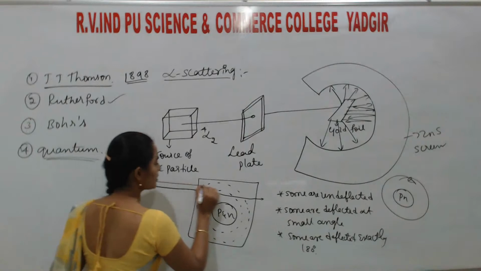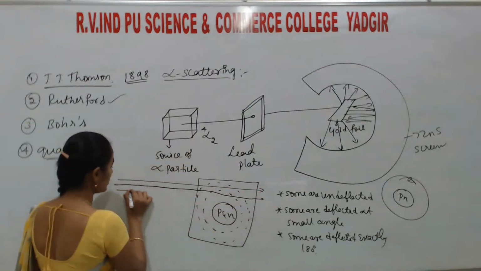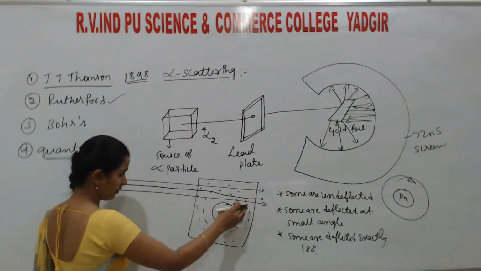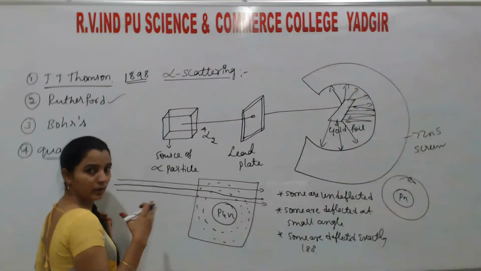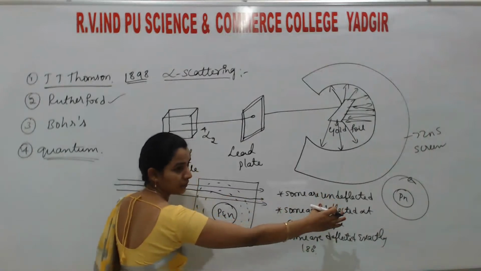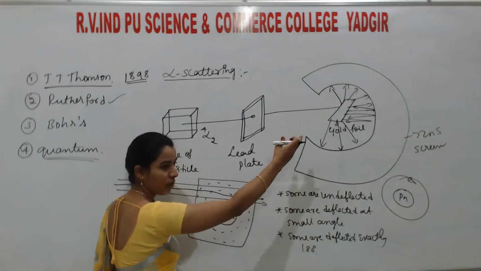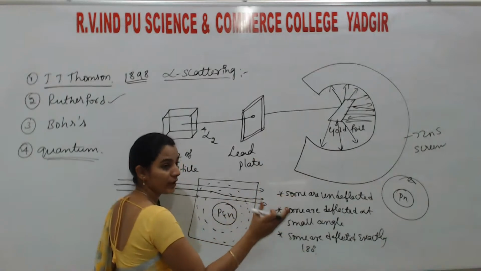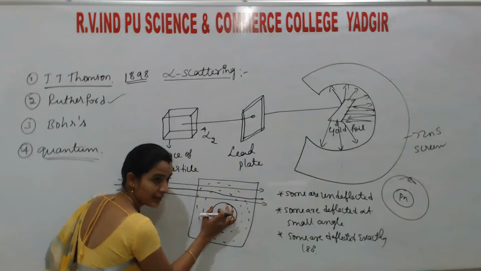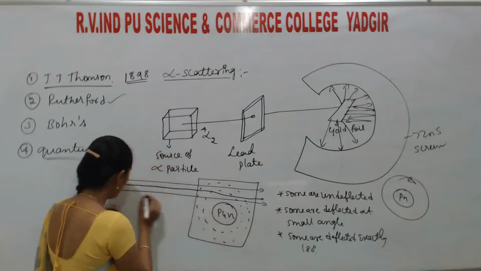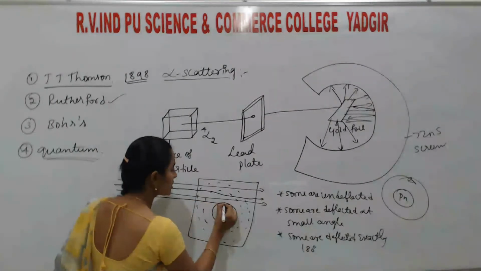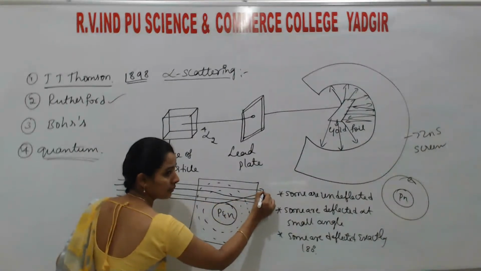Listen, in this place, how many alpha rays are going to pass? They pass undeflected through that gold foil. Okay, so listen, when they approach near this nucleus, they are slightly deviated.